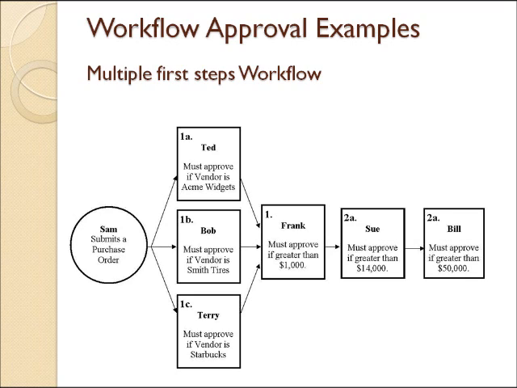And then after they've approved their own accounts, then it would go to Frank for the other monetary approval. Now, if the purchase order didn't fall into one of these vendors, then you could set it up so it skips those and just goes to the Frank step immediately without having to go through those first three steps.